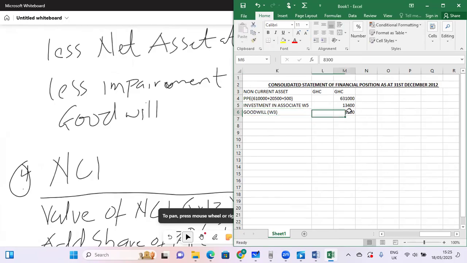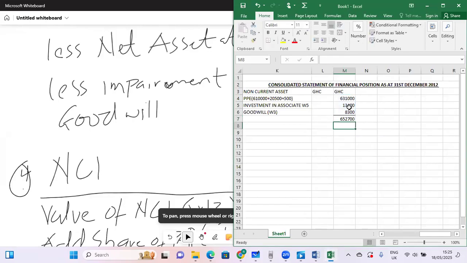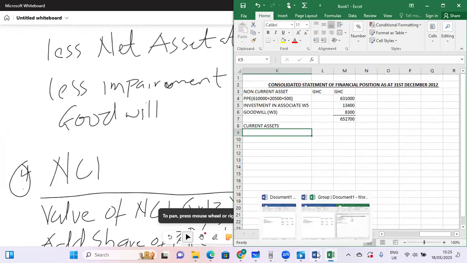Now we are done with the non-current assets. So let's just add them. So now current assets. Current assets, we will be having inventories.